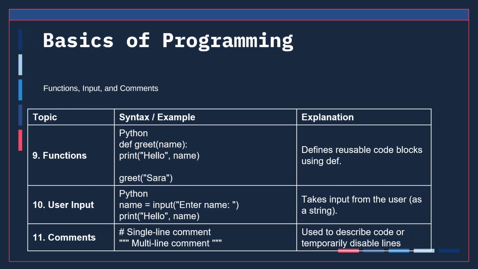A comment is used to describe the code and temporarily disable a line, so you need not delete that code. You can use a comment to hide the code, so it will not run, but the programmer can save it in their file. These are the main 11 things in the basics of Python programming.